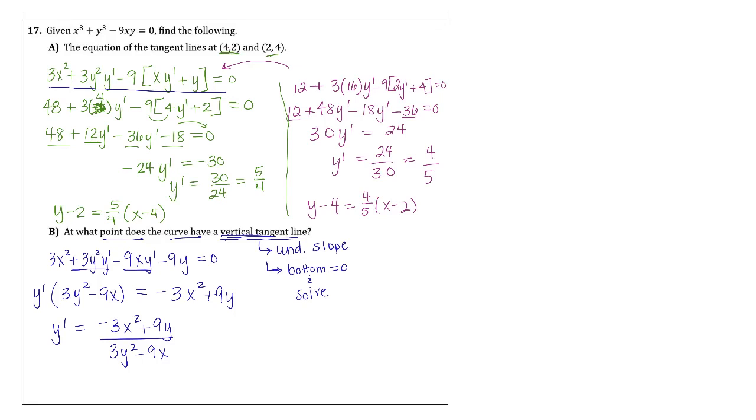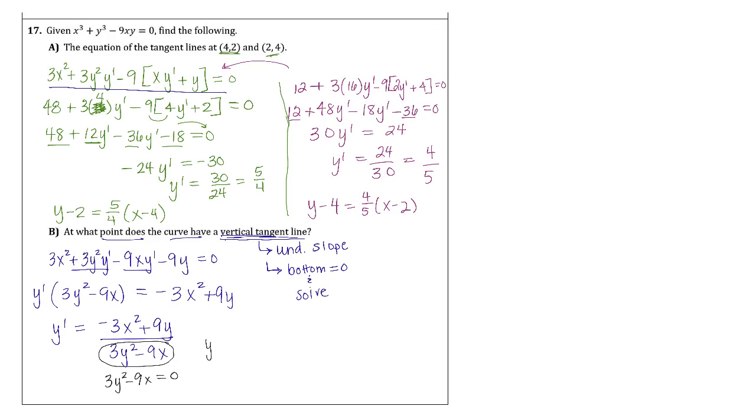Now we want to know at what point the curve has a vertical tangent. So this problem is going to get pretty messy here. In order to find that vertical tangency, and not all problems dealing with vertical tangency are this messy, we're going to take that denominator and set it equal to 0, and we're going to solve for y. Or we could solve it for x. Let's see what the original problem was.